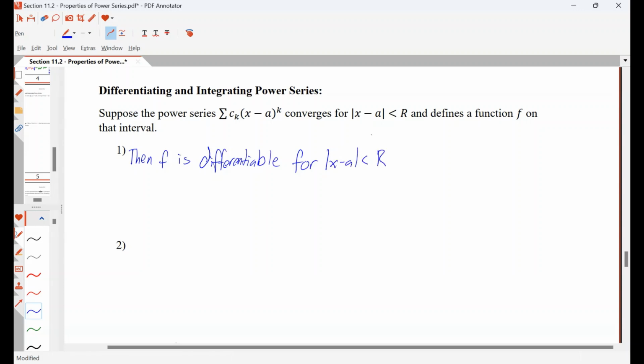Notice the interval will stay the same. And f prime is found by differentiating our power series.